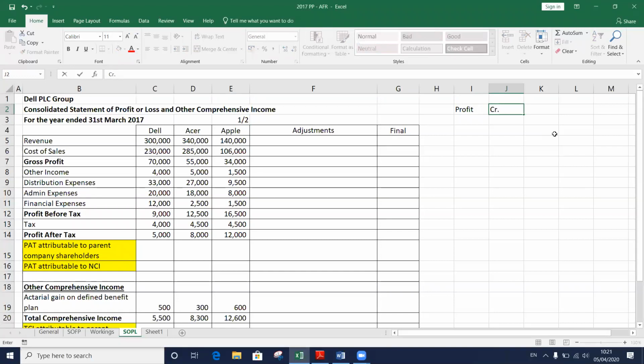Why? Income is credit and expenses are debit, so when income exceeds expenses, we get a profit. So it should be a credit balance. What I need to do is pass a debit entry here. Is a financial expense account a debit or a credit? Debit, an expense account is a debit account. So how much more do I need to debit here?